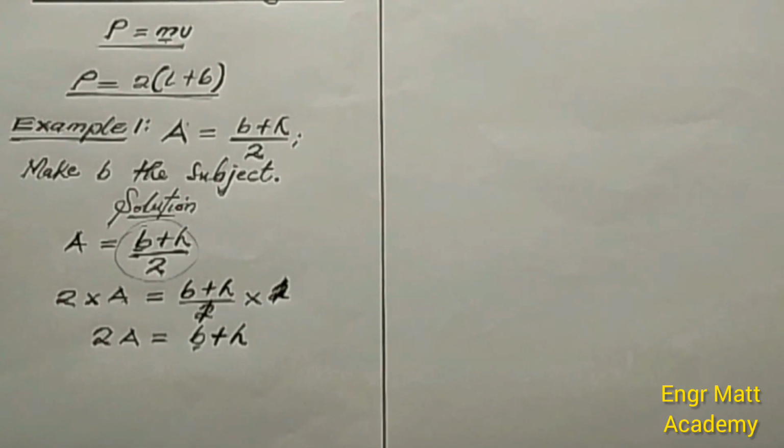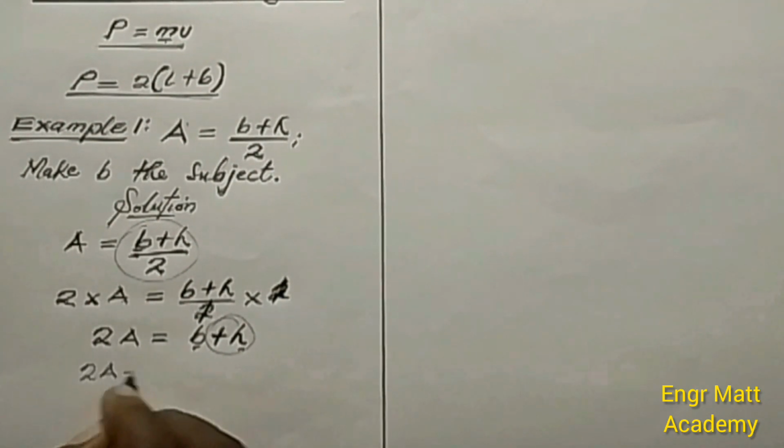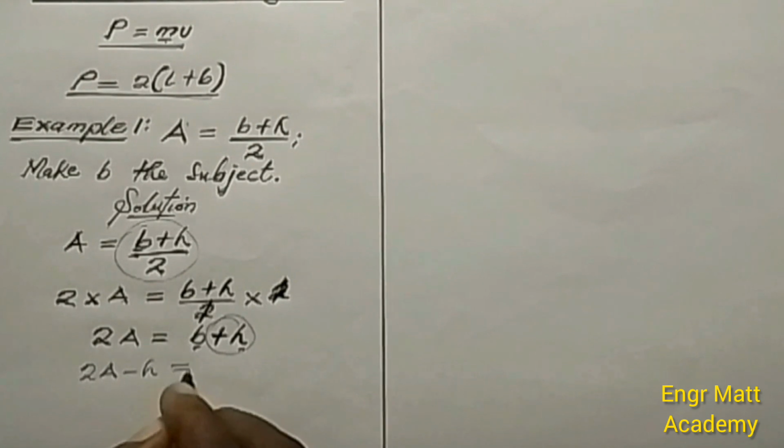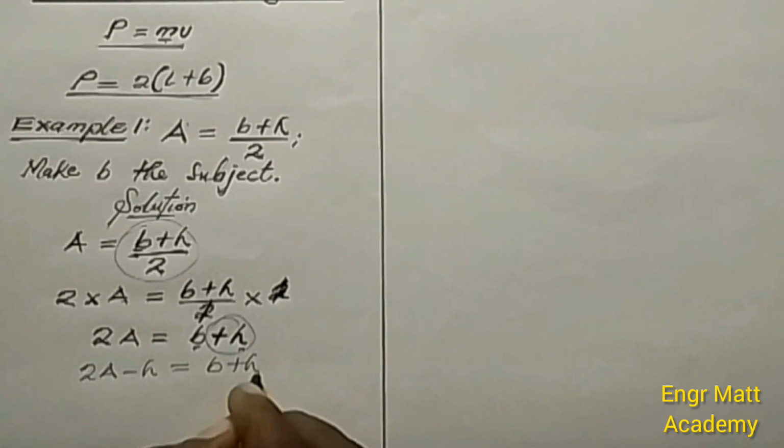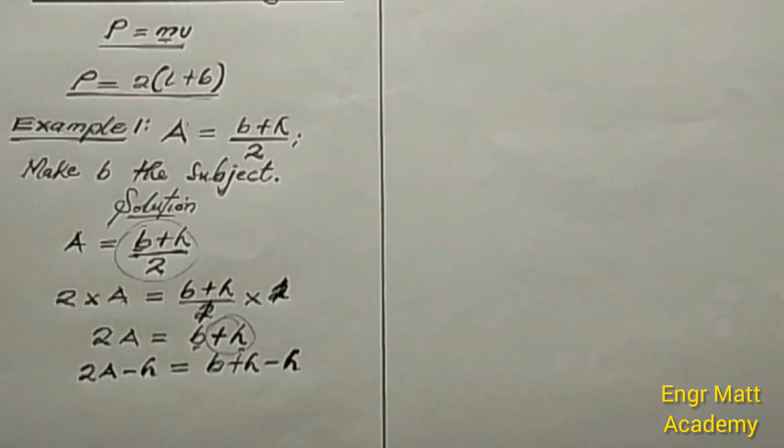So we still need to reverse this operation. Since H is added to B, we reverse the operation by subtracting H from both sides. So we have 2A minus H is equal to B plus H minus H. Next, H will cancel out on the right hand side. So we are left with 2A minus H equals B.